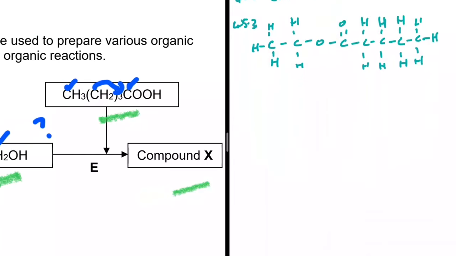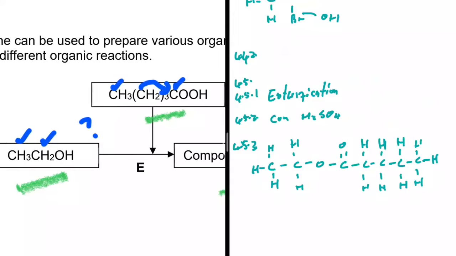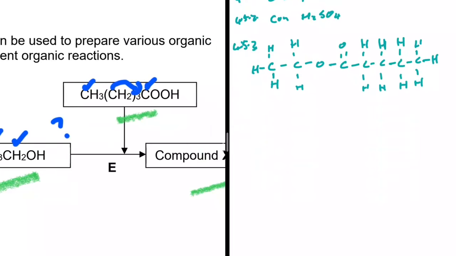So we're saying that our alcohol has 2 carbons. Yes, so it means that we have 1, 2, OH, hydrogen everywhere else. Okay, this is what we have, plus the carboxylic acid. Our carboxylic acid has 5 carbons, so it is 1, 2, 3, 4, 5.